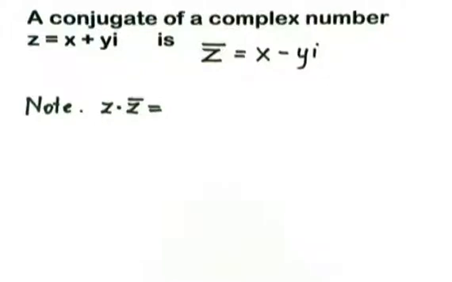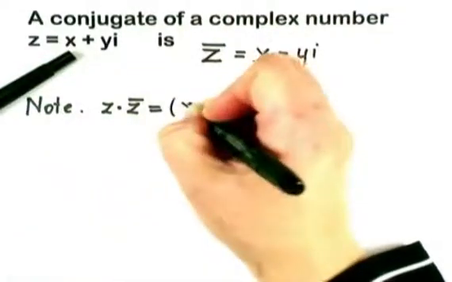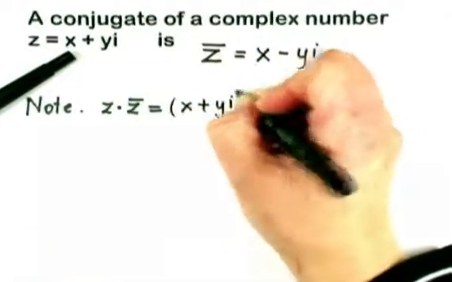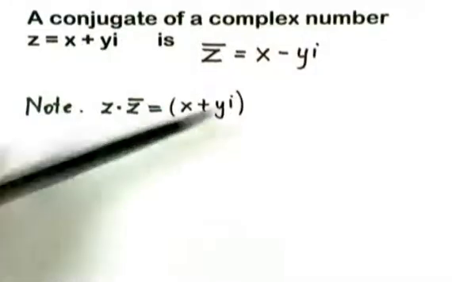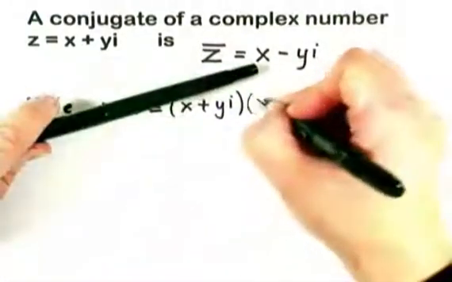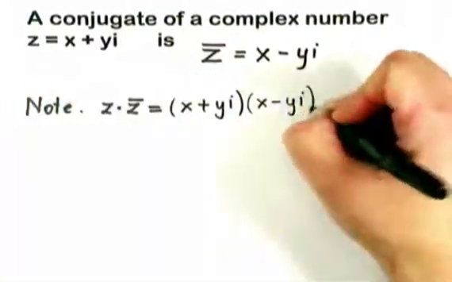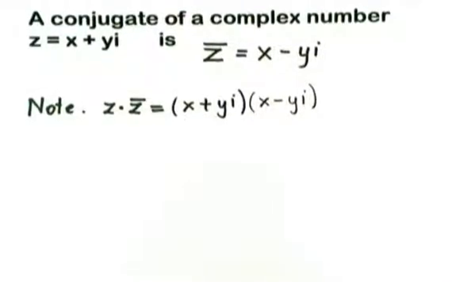And now let's see what is z times its conjugate. Let's try to work this out. My z is x plus yi, and my z conjugate is x minus yi. Now we can multiply this out, or we can use the formula.